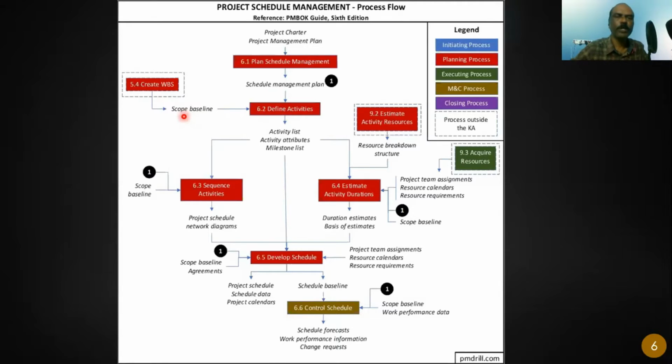We created WBS, and I told you in WBS, the last element is called work packages. Each branch, the last element is called work packages. Now I'm going to break down each work package into even smaller items. So that smaller item is called activity list.